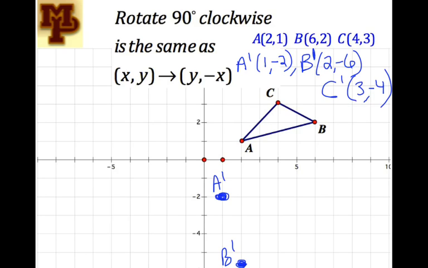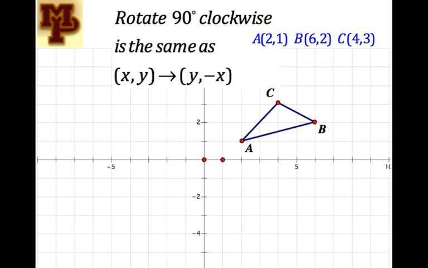See how that one is the negative? So 3, negative 4. So that's C prime. Okay, so exact same shape, it's just been rotated 90 degrees. This is clockwise. Clockwise goes this way, right?